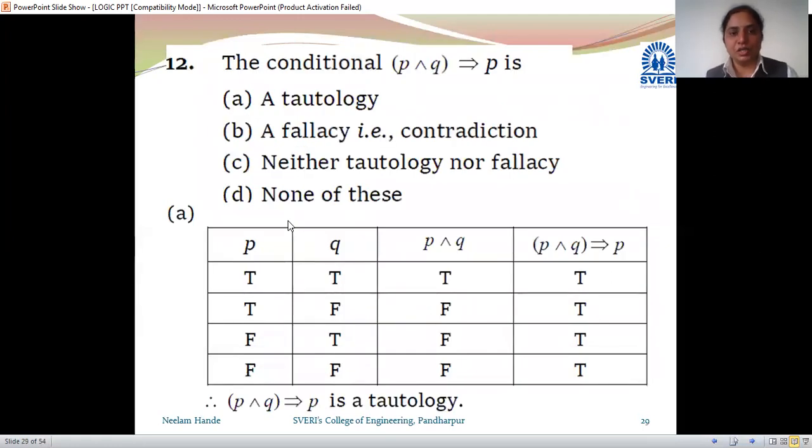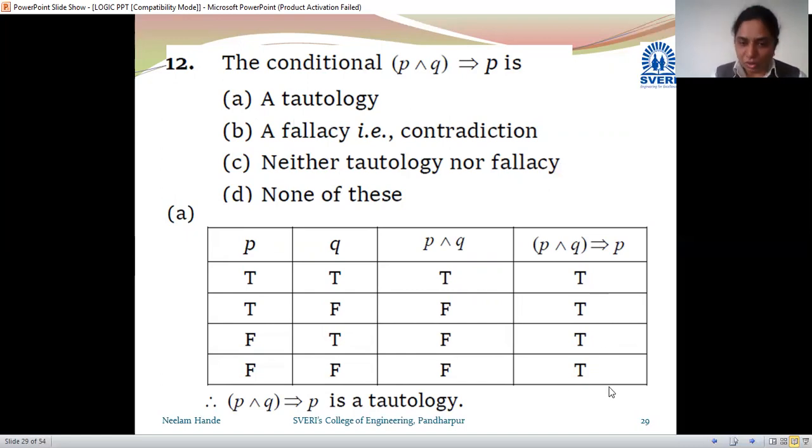Next, the conditional P and Q implies P: whether this is a tautology or a fallacy, where a fallacy is a contradiction. These are the given options. Try to write the truth table of this. If the final answer column has all true, then it is a tautology.